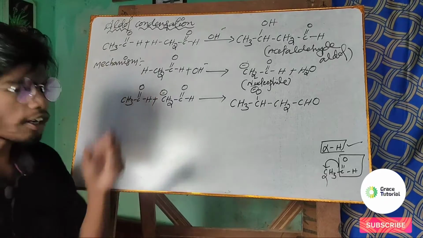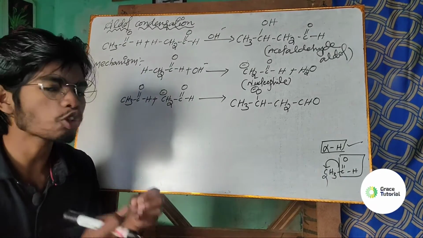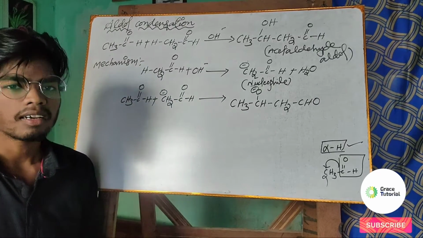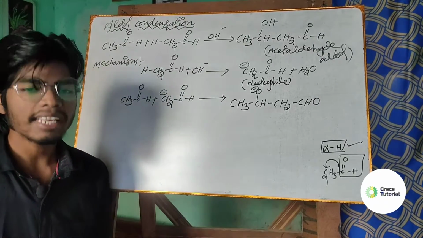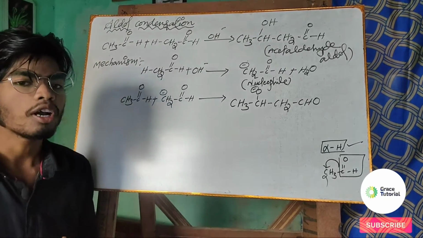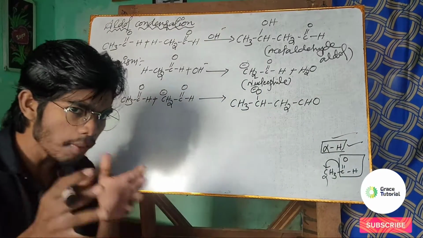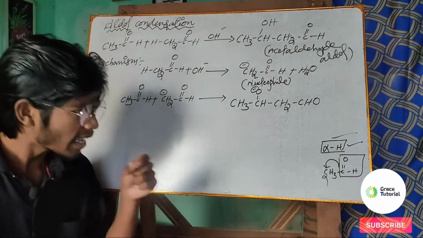So aldol condensation takes place in a mixture of aldehydes and ketones in the presence of dilute alkali, that is dilute NaOH or Ba(OH)2, and that also has at least one alpha hydrogen atom. You must remember this in aldol condensation.